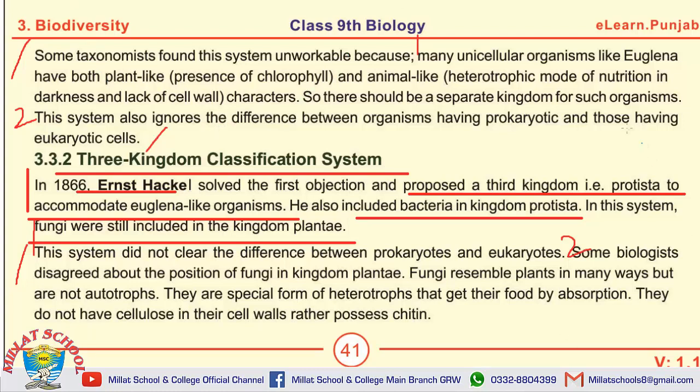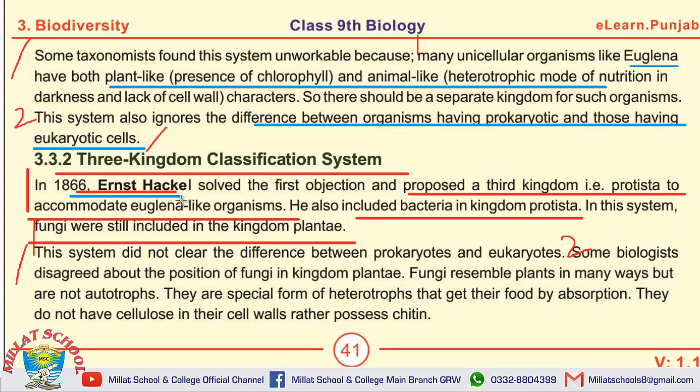The organisms like Euglena have both animal and plant-like characteristics, and the two kingdom system ignores the difference between prokaryotes and eukaryotes. Ernest Haeckel proposed the three kingdom classification system in 1866.